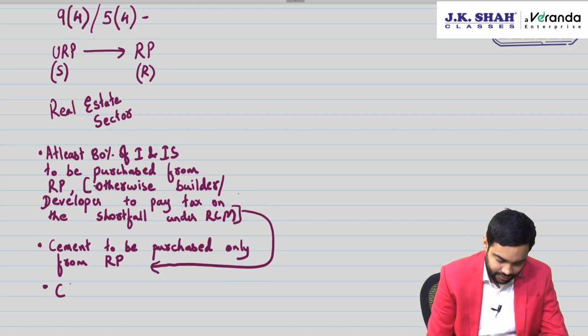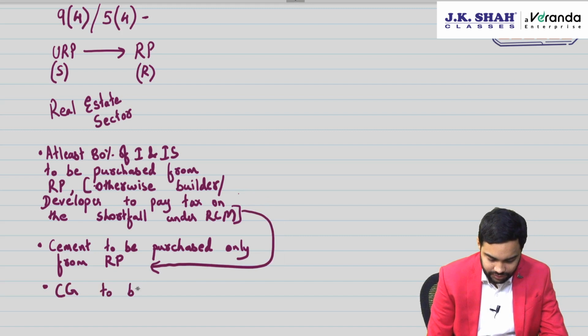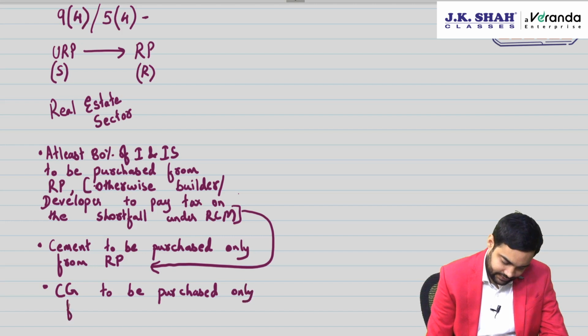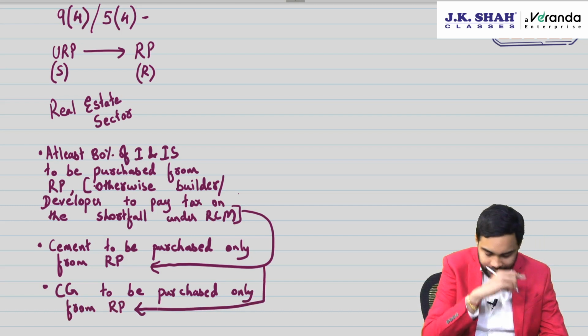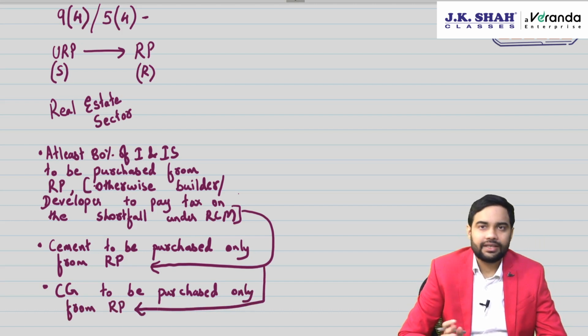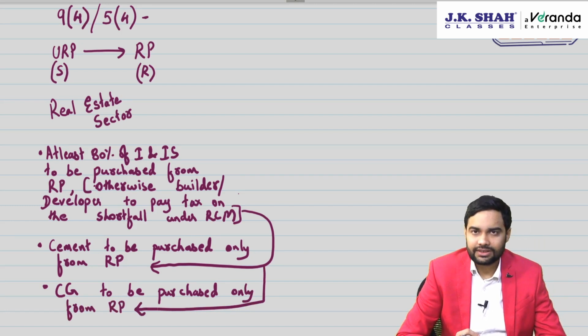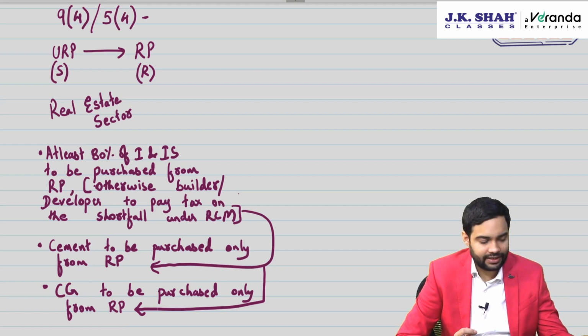Okay, then capital goods. Capital goods to be purchased only from registered persons. So cement, just be a bit careful. When you talk about cement, first pay tax on cement if you have purchased from an unregistered person, then total it. Once 80% is met, then you don't have to pay any tax for other inputs.